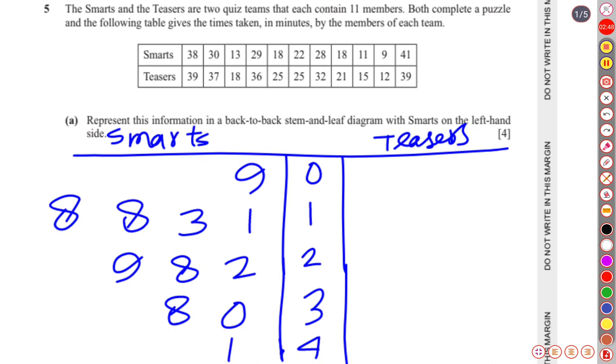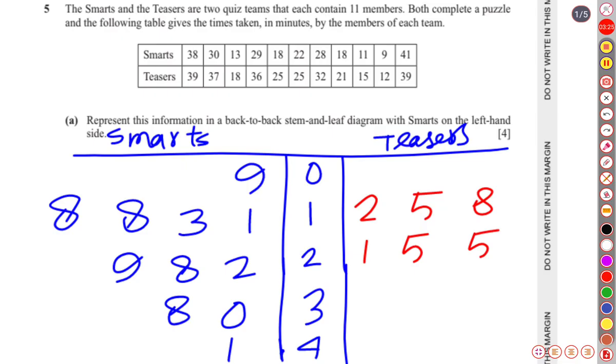Then for Teasers the minimum value is not a one-digit value, it's a two-digit value. The minimum value is 25 and 8. We can even use different ink for the Teasers. After 2 it is 21, 25, and again 25.